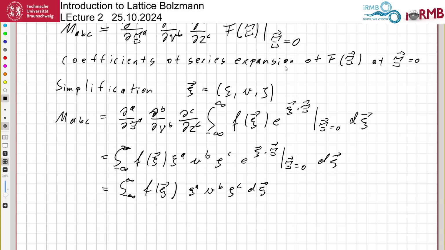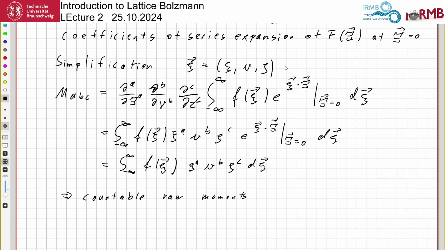Okay, the things that come out here, we call them countable raw moments. What we mean by this is that we can count them: A, B, and C from 0 to infinity. By the way, this is vector counting.